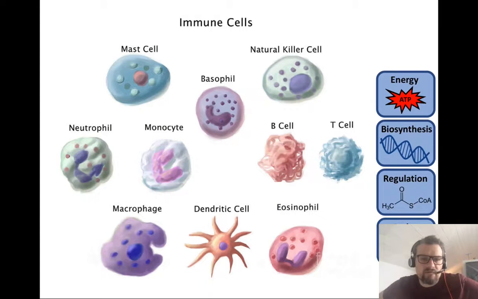But we have loads of different types of immune cells, ranging from your naive lymphocytes to your activated lymphocytes, which are so different. They go from being very quiescent to very active cells. You've got your innate cells, which are already ready for action, like macrophages and neutrophils, which are your first responding innate cell.